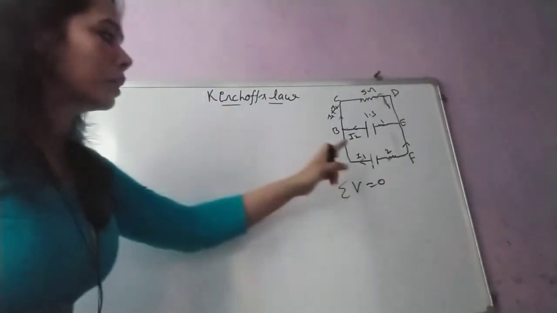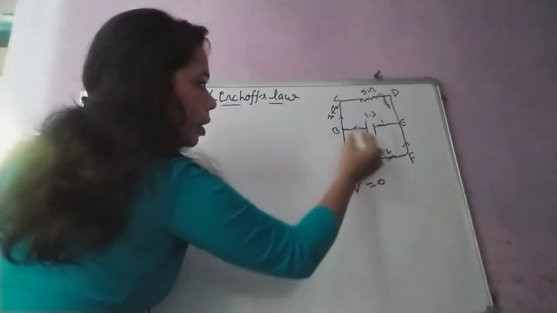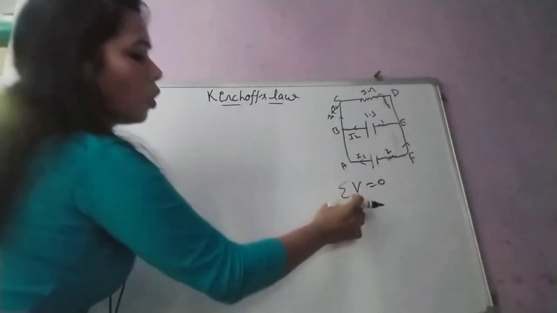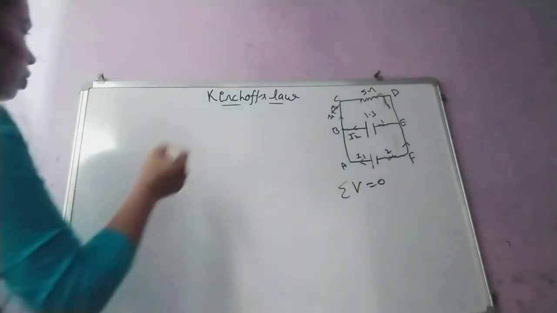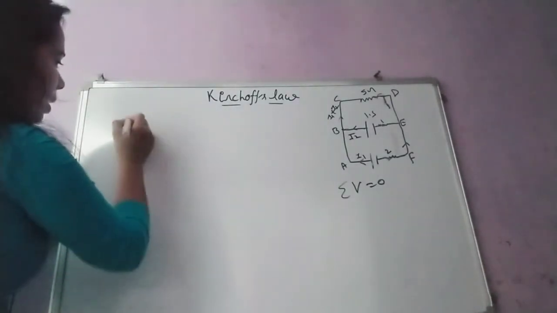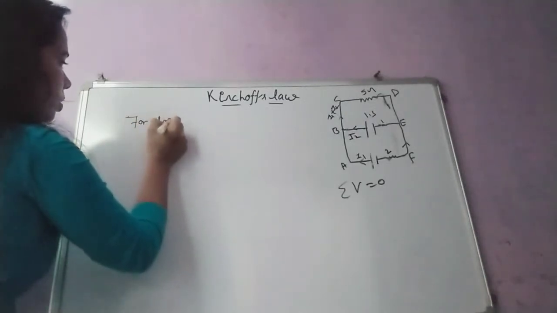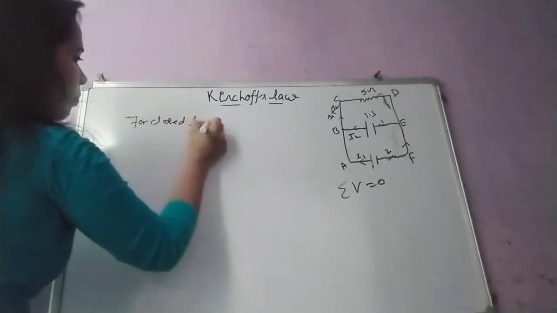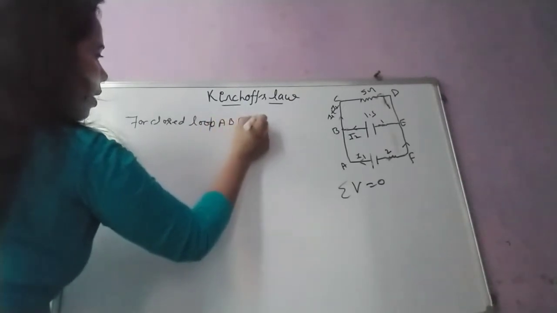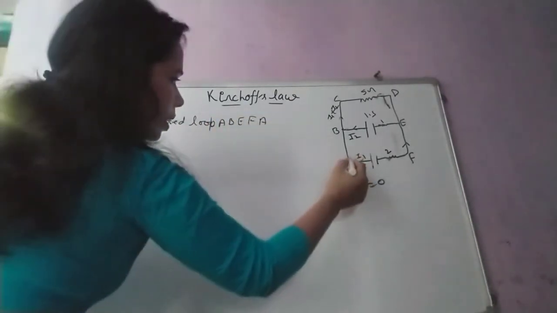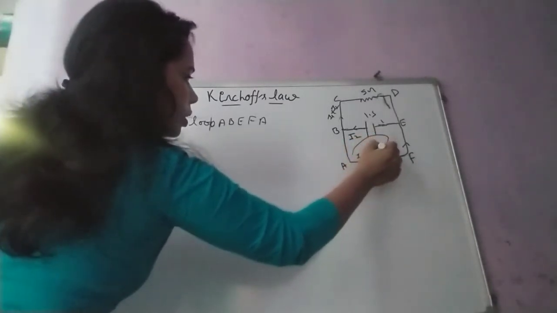So look at the question: if you are taking this closed path A, B, E, F, A, because Kirchhoff's law is only valid for a closed loop. Second law, okay. So I am taking the closed loop A, B, E, F, A. This path you have chosen.